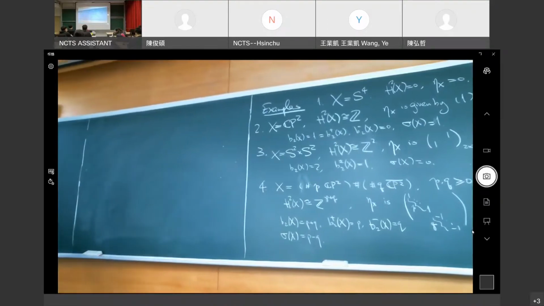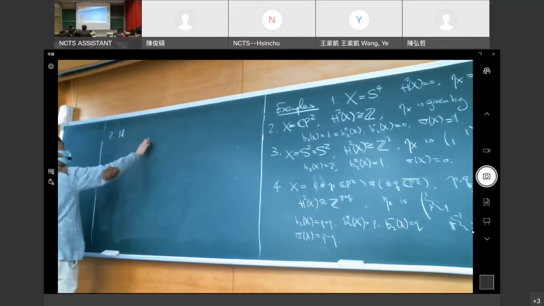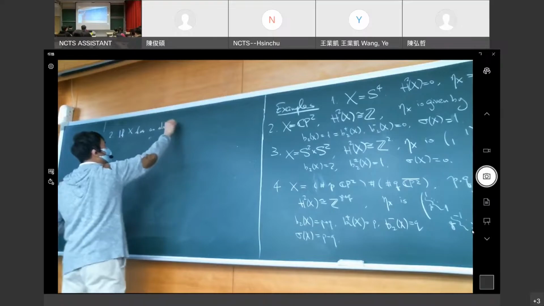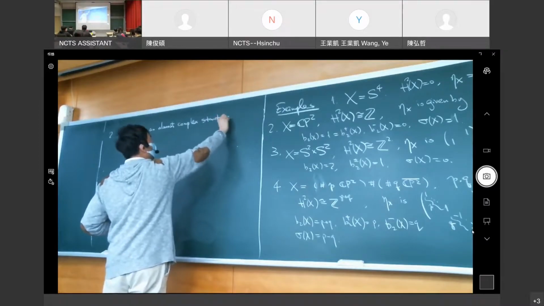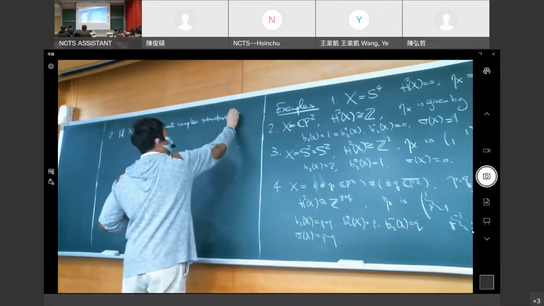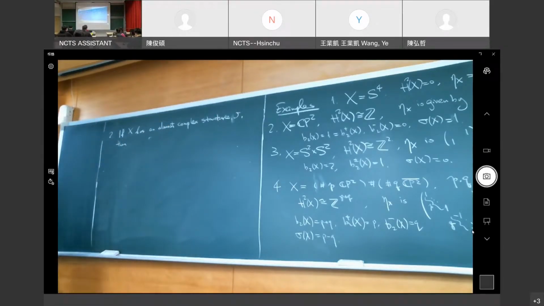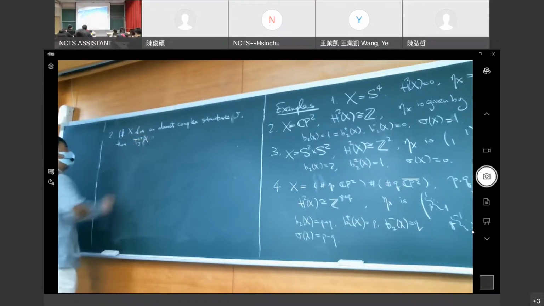So let's remark that if X has an almost complex structure, let's say J, then we have the complex tangent bundle. So this is the holomorphic part of the tangent bundle.